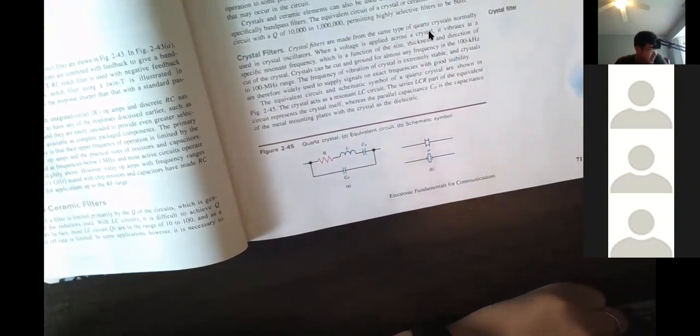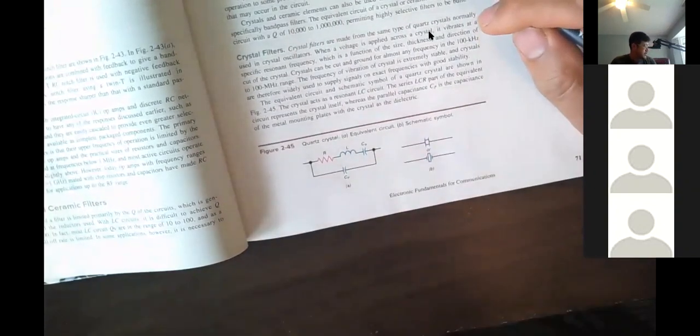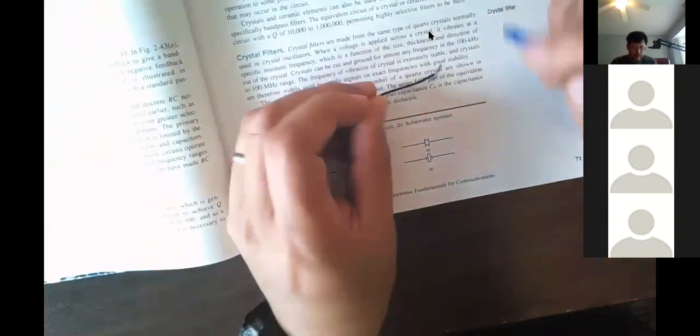For example, if you look at your Raspberry Pi, you will probably see a 20 megahertz crystal. Why 20 megahertz? Because a 20 megahertz crystal is a small size, like a small connector.